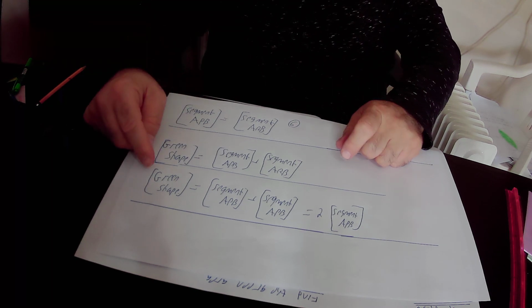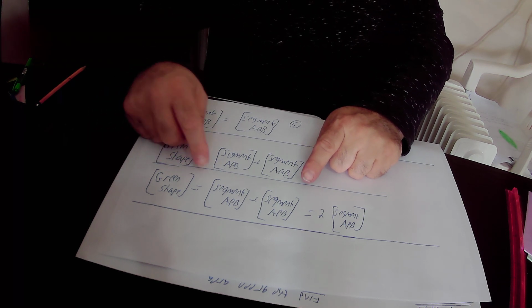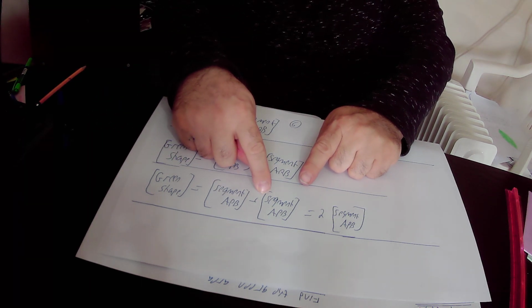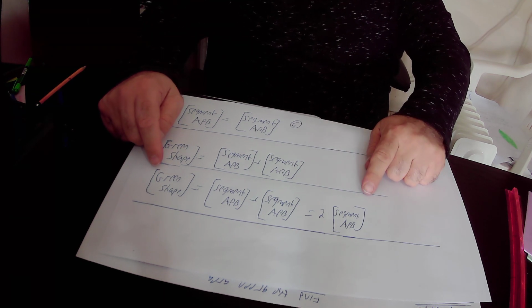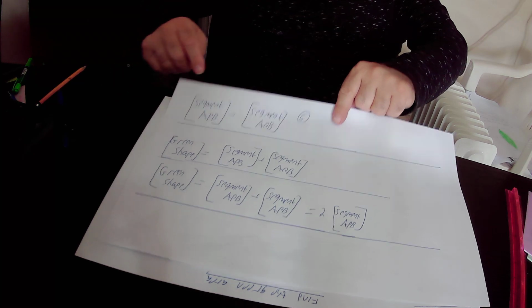So we got that the area of the green shape equals the area of segment APB plus the area of segment APB. That is to say, the area of the green shape equals 2 times the area of segment APB.